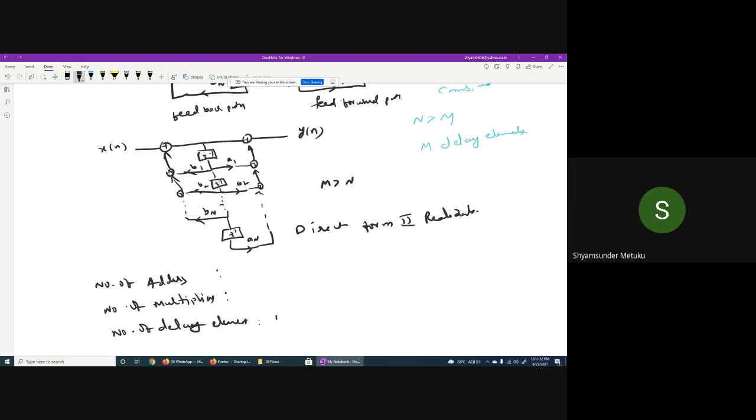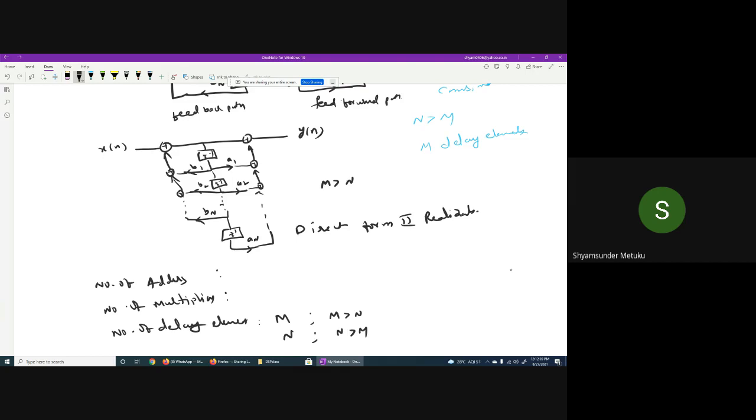So m delay elements if m is greater than n, and n delay elements when n is greater than m. Yes or no? Yes, sir. So this is fine. Coming to these two, there's no change compared to the previous case, right?